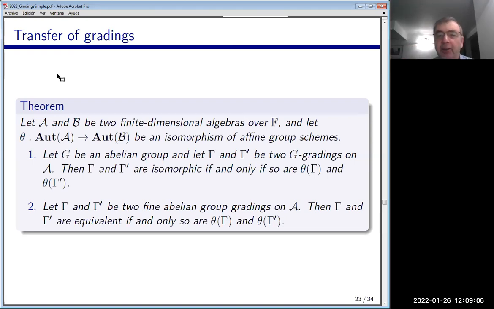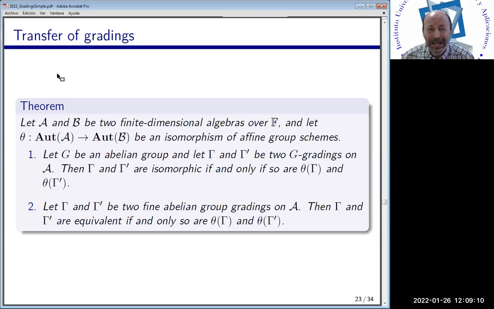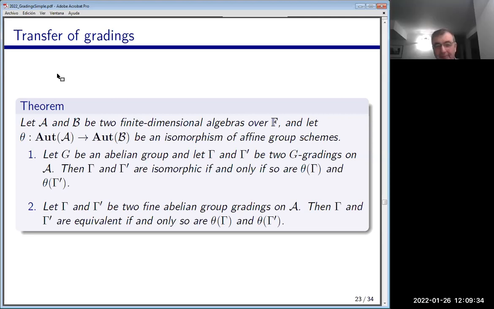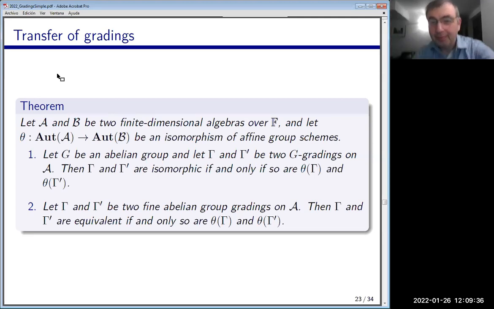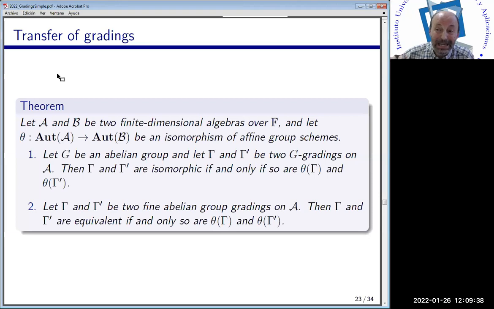So are you always considering Lie algebras, or are you considering other types of algebras? No, in principle, all these things about gradings work for not necessarily associative algebras, so non-associative algebras. And the way is that in order to study gradings on Lie algebras, we are going to transfer gradings from other types of algebras. It's easier to classify associative algebras than to classify Lie algebras.